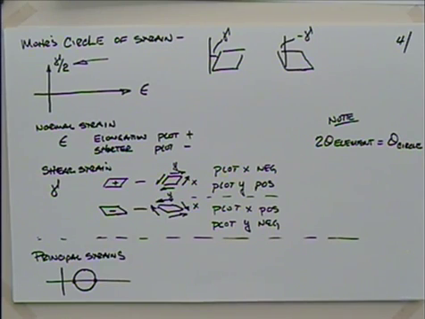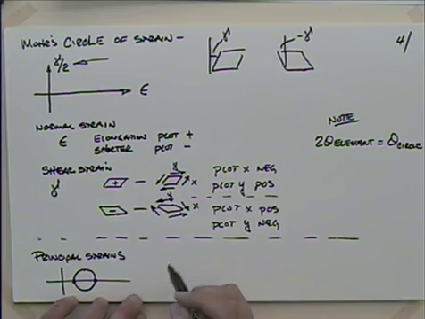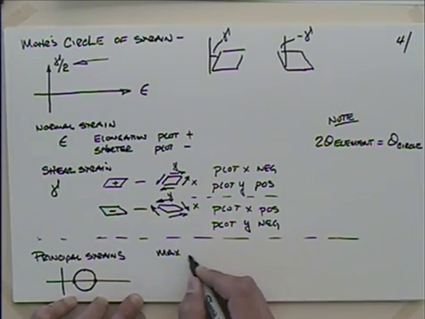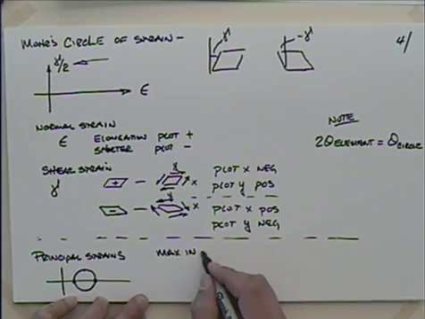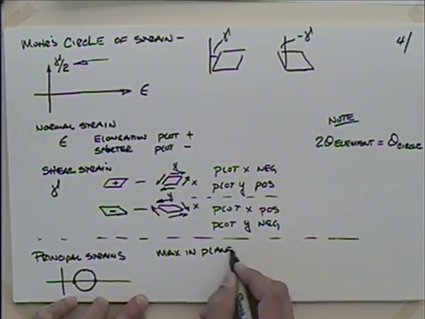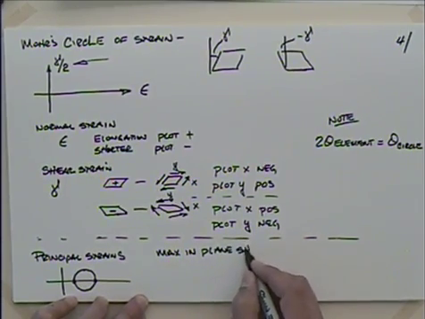So just like principal stresses where you had no shear stress, principal strains are where you have no shear strains. Then we would have maximum in-plane shear strain.